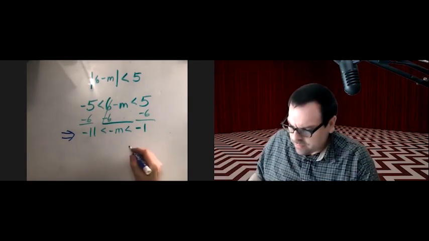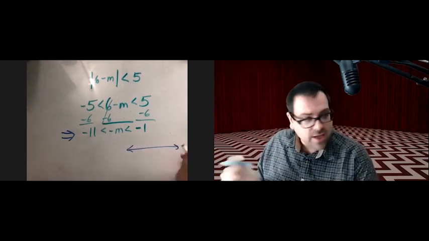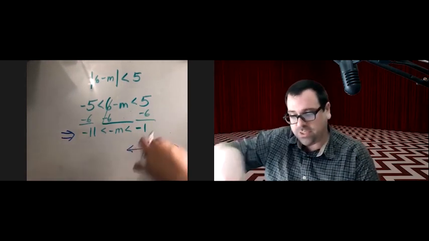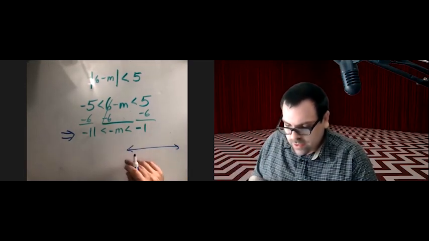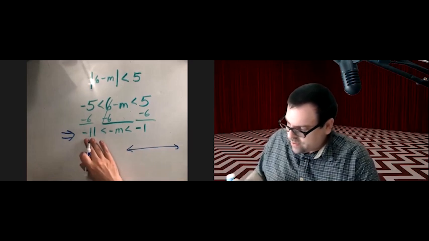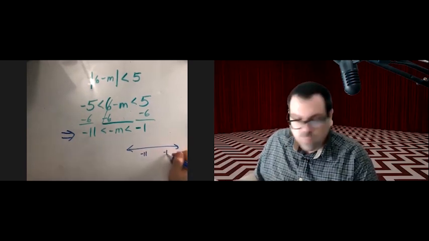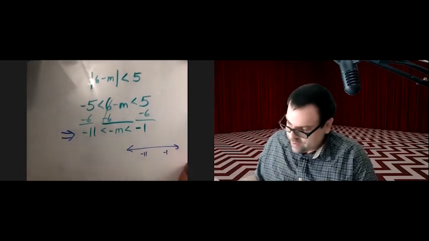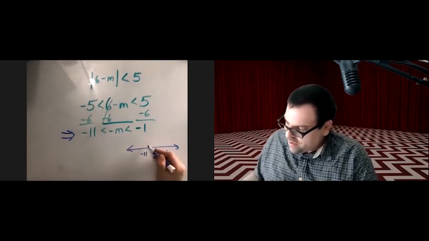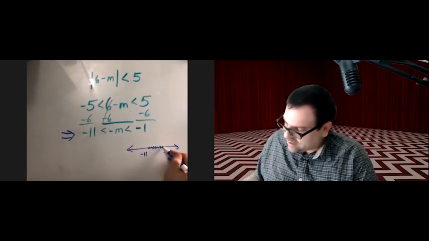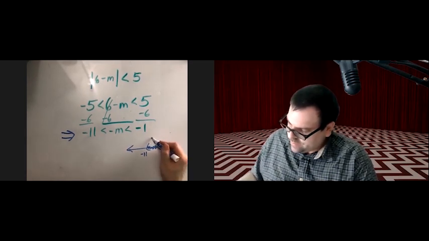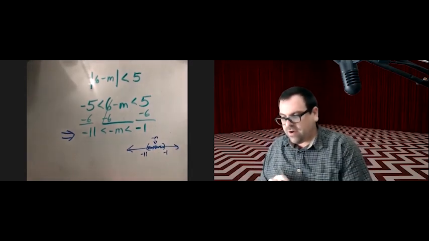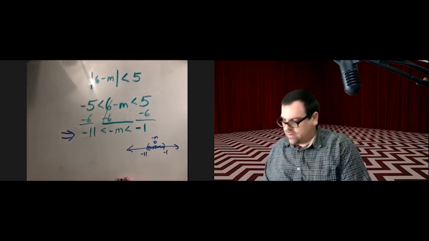If we thought about the number line here, again, this is not the answer. I'm just taking a moment to talk about where we are in our work. So if we were thinking about a negative 11 and a negative 1, negative m must be somewhere in here, in between here. The opposite of our answer must be in there somewhere.